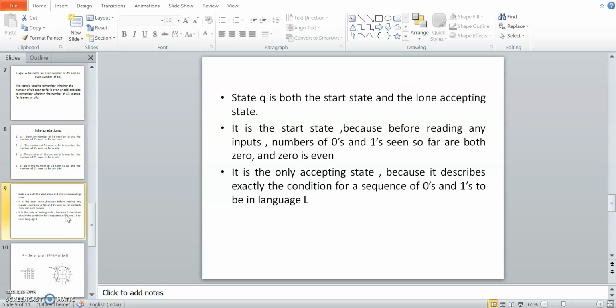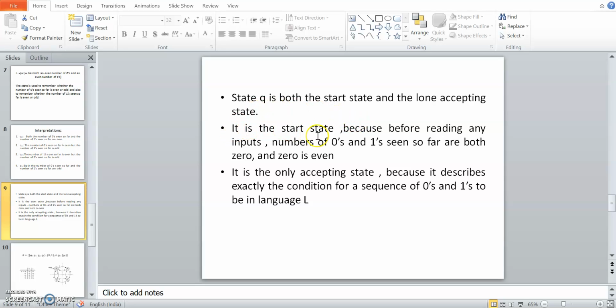Now state Q0 is both start state and the accepting state. Why? Now we have to decide the next part while designing the DFA. We decided the transition. Next part is deciding start state and the end state. In this case, Q0 is both start state and the accepting state.